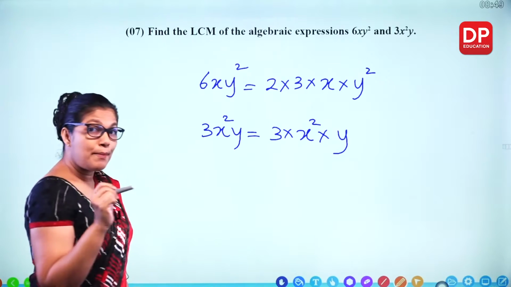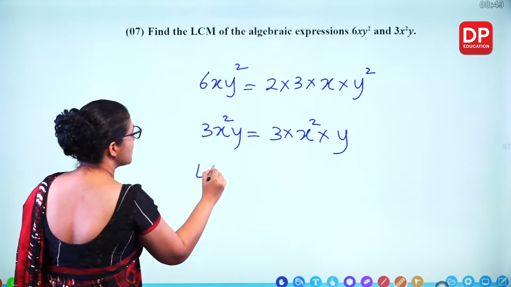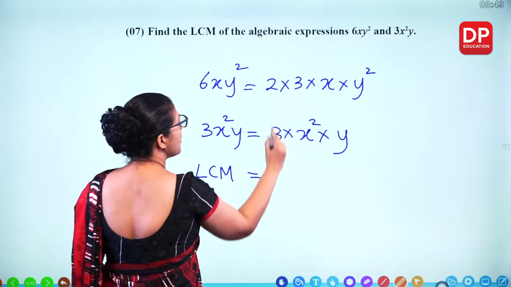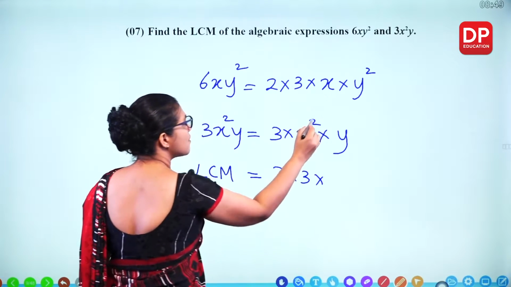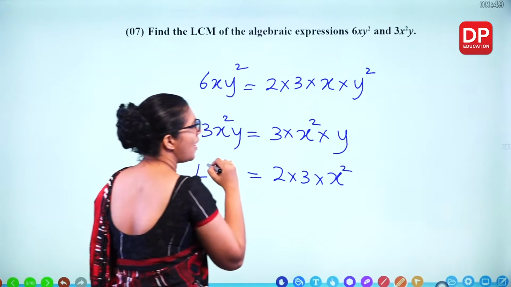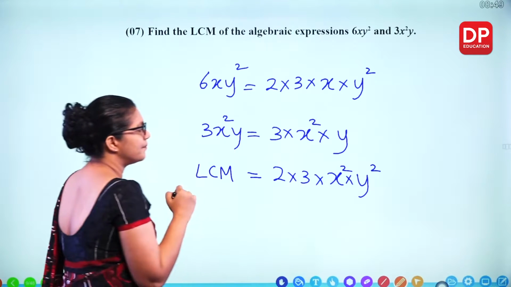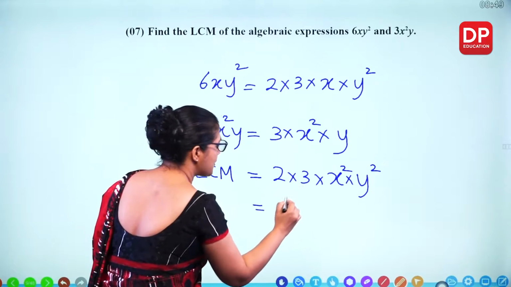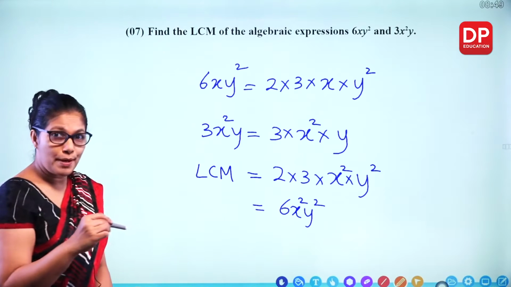For the lowest common multiple, you take the highest power of all distinct terms. So what's the lowest common multiple? 2 only once, 3 only once. X, what's the highest power? X squared. And what's the highest power of y? Y squared. So what's the answer? 2 times 3, 6, x squared, y squared. That's the lowest common multiple.